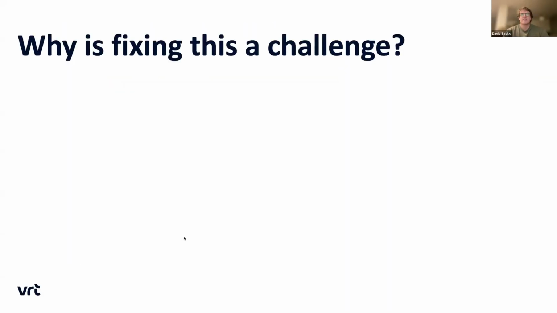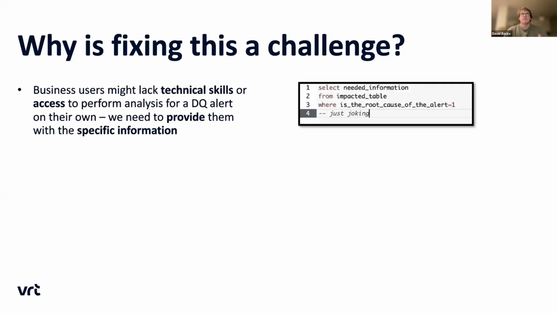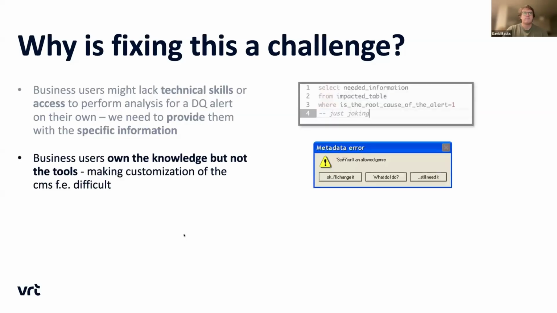So why is fixing this a challenge? Business units often lack the technical skills or even access to perform these analyses on data quality test cases. So it's really our job to provide them with all of the specific information of the test case. Also, the business users own the knowledge, but not really the tools.